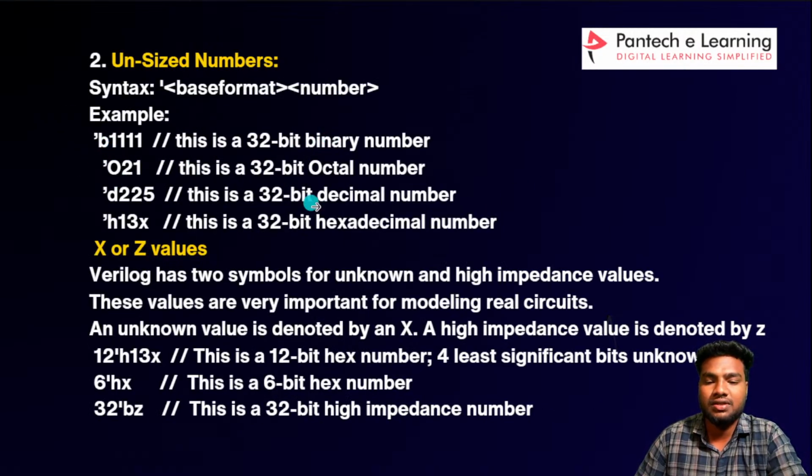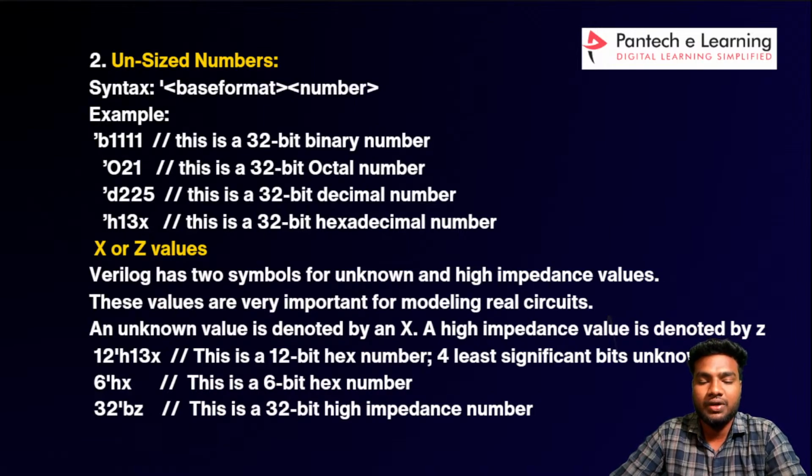Also Verilog has other values like x and z. x means an unknown value, which may be either 0 or 1, and z means high impedance.